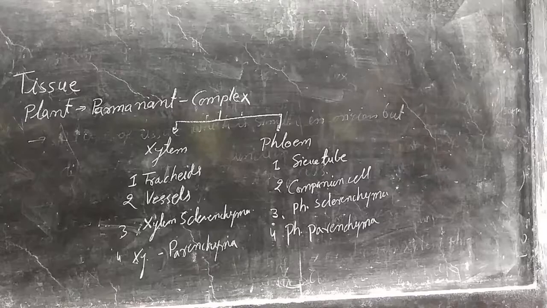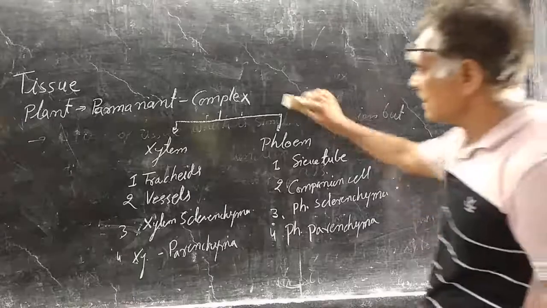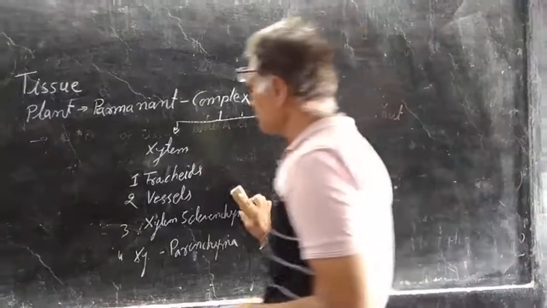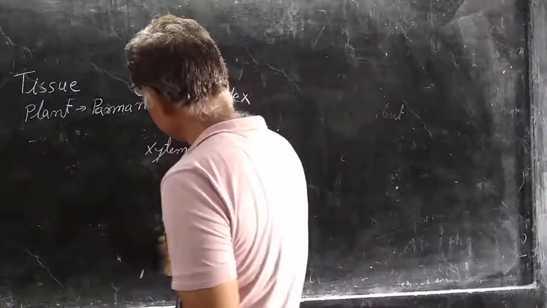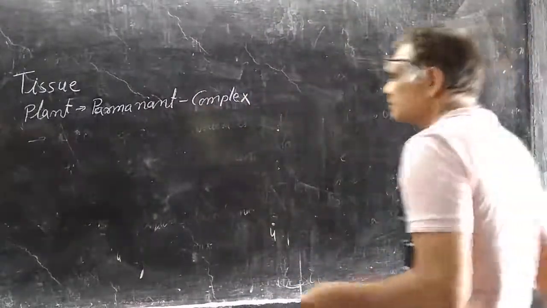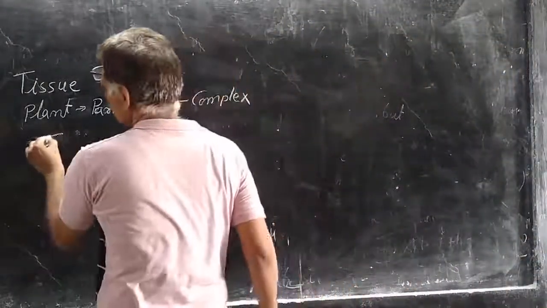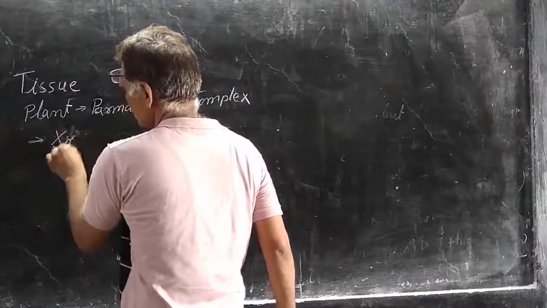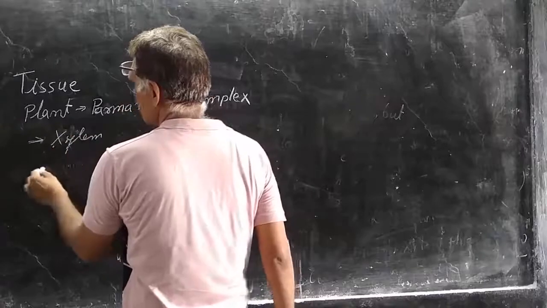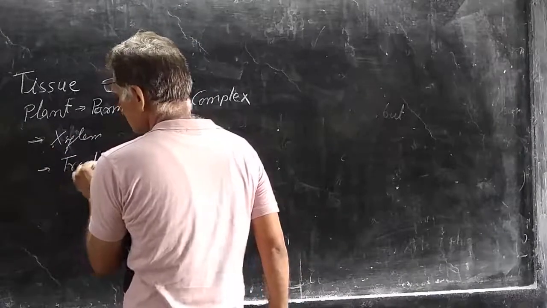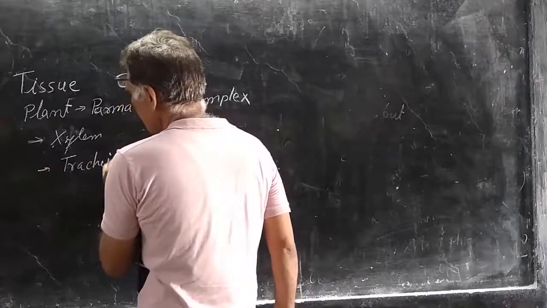Now, the first is xylem tissue, and its first element is tracheids.